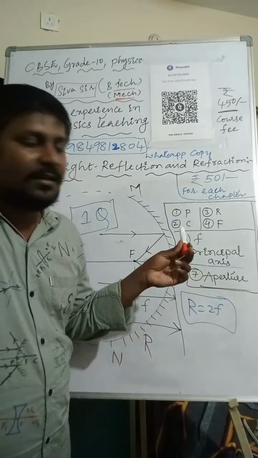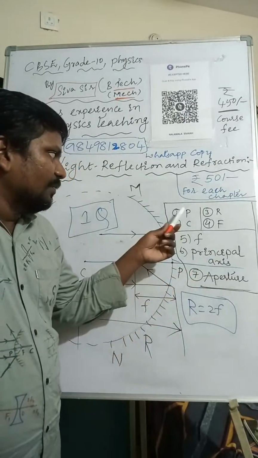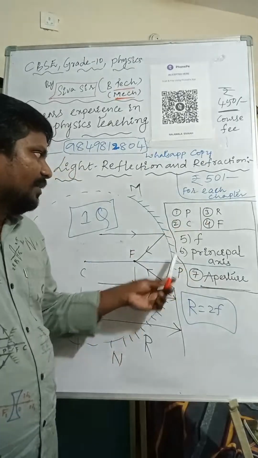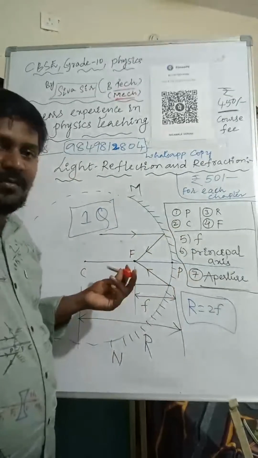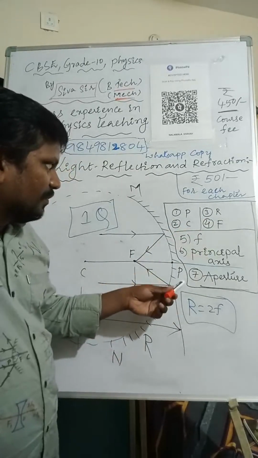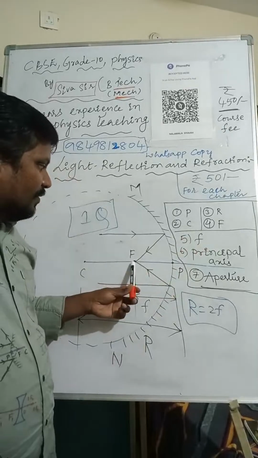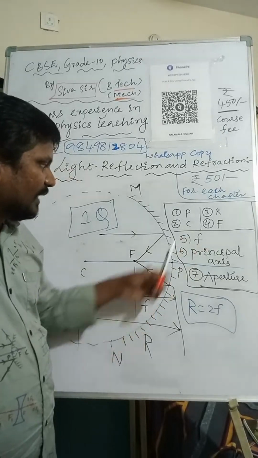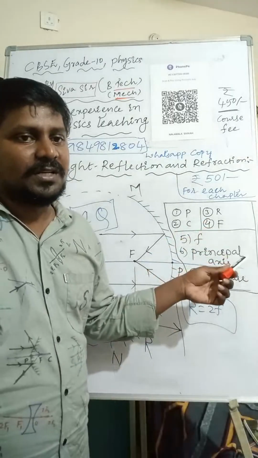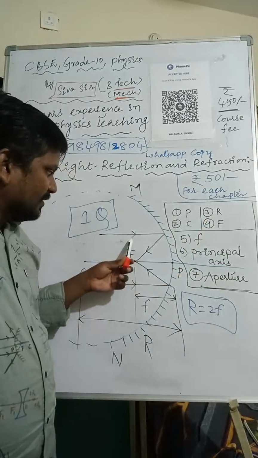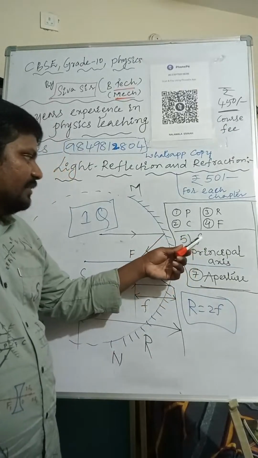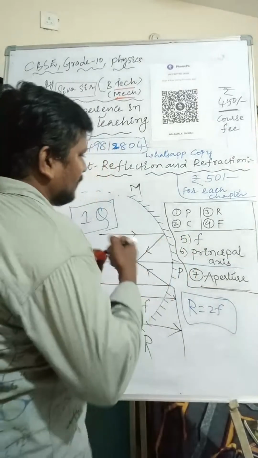So make sure that you are learning these points. Pole, focus, center of curvature, and radius of curvature. Pole, midpoint of the mirror, center of the imaginary sphere of which the mirror is a part. Radius of curvature, the distance between center of curvature and pole. Focal length, the distance between focus and pole. This focus is also called principal focus.